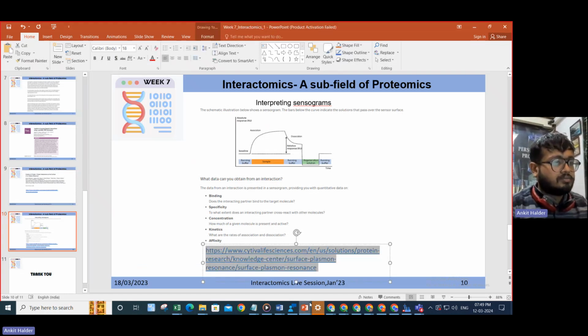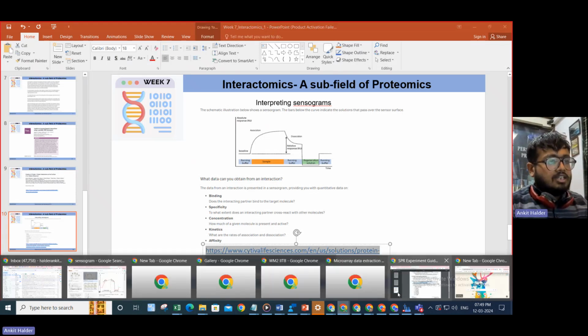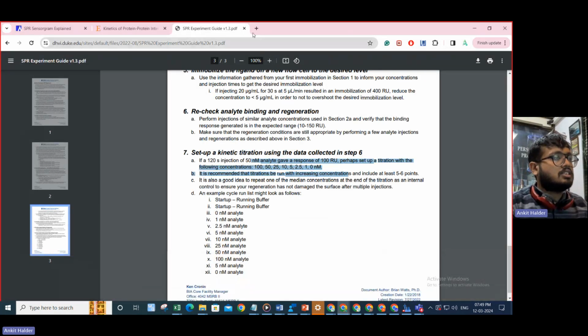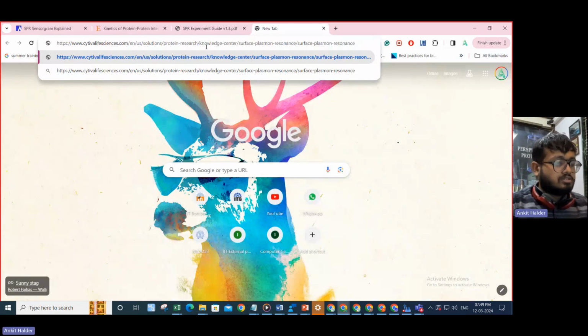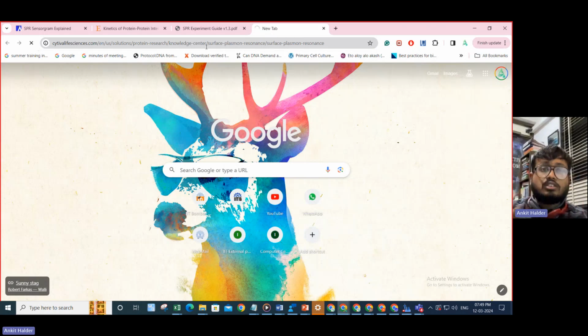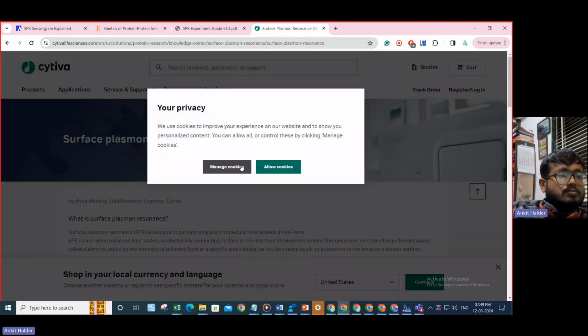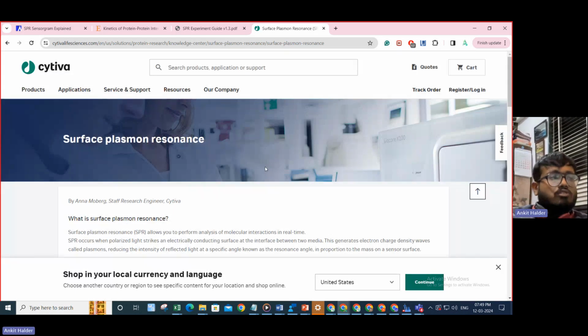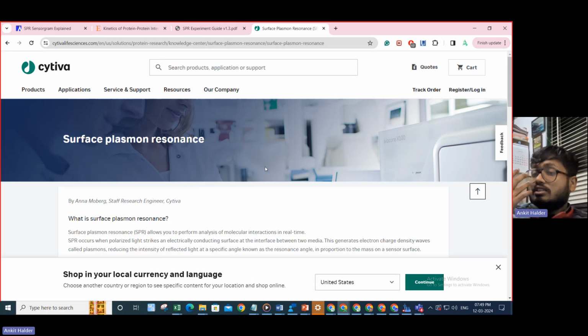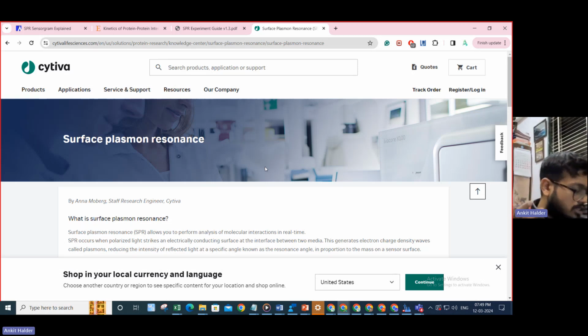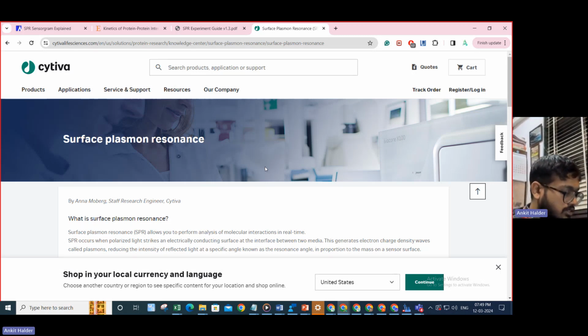So this is another site where you can go ahead and try to find out. I think the calculation of the resonance units, for understanding how much ligand you want to be immobilized, is what determines a successful experiment, and then you need to have regeneration and then finally the activation.